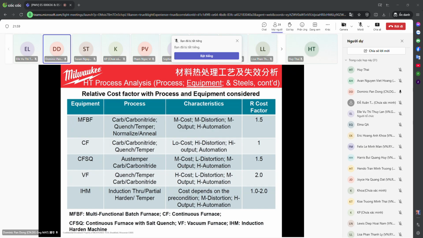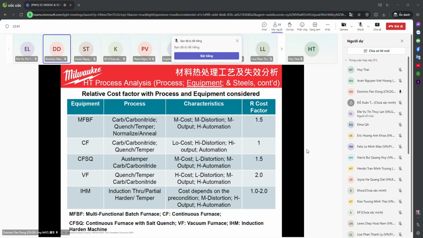For the induction, the cost is also high. Pay attention to this. Why? Because most people would say induction hardening is quick, it's low cost. Why? The overall cost is still high because of the efficiency. For the induction hardening or induction tempering machine, the process is done piece by piece, pretty low efficiency. Even though the equipment is low price, even though the process handling is quick, overall, for every piece, the heat treating time is much longer than the continuous mesh furnace, because that process is done by batch.